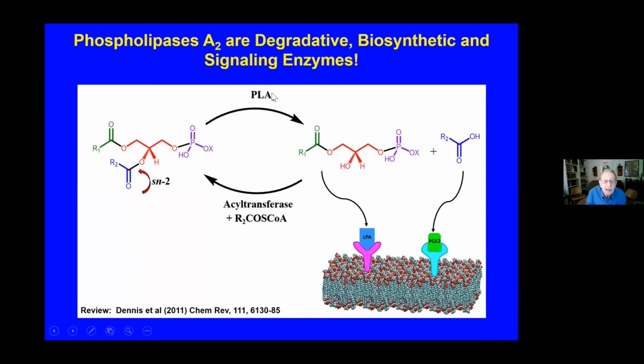And when the enzymes are just degradative, they produce as products lysophospholipids and free fatty acids, as illustrated. Others are biosynthetic when they're coupled with an acyltransferase to add a fatty acid to the SN2 position of the lysophospholipid product, usually polyunsaturated PUFAs. Others are signaling enzymes when their products are converted by other enzymes to ligands that activate G-protein-coupled receptors like LPA and PGE2.